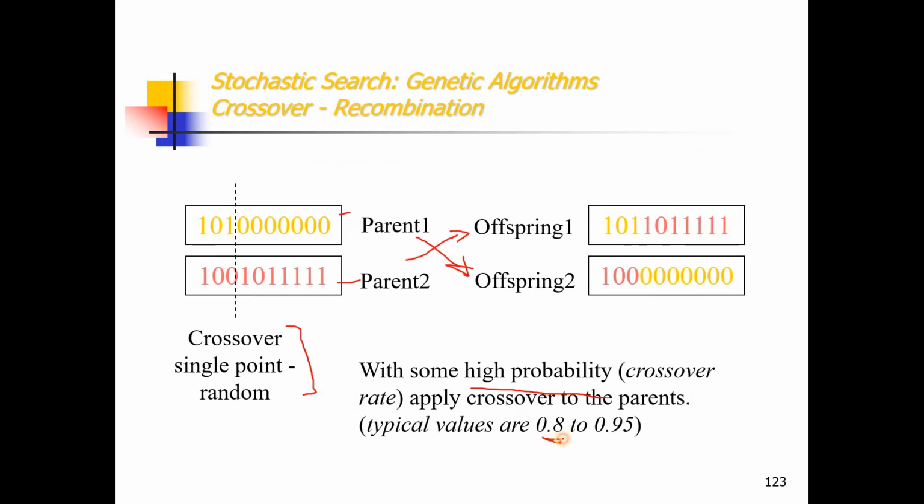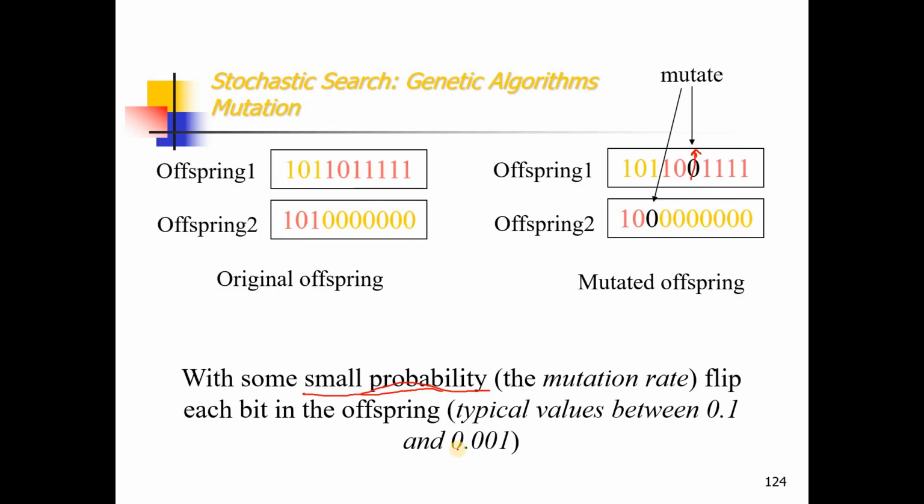For example, 80% means out of 100, only 20 are not crossed over. Here the mutation is done on a small probability, a small number of chromosomes get mutated, and the mutation rate is less. And what happens in the mutation, we flip each bit in the offsprings.